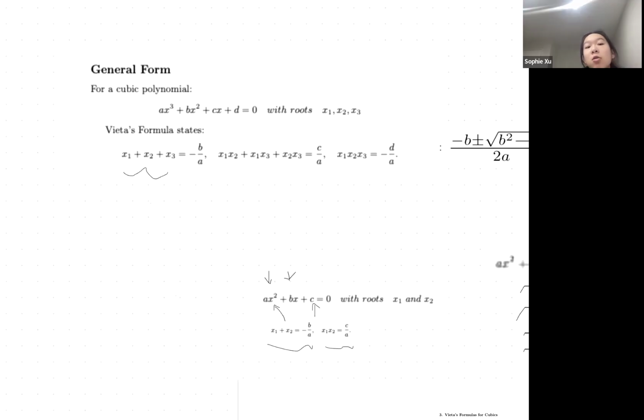It's x1 x2, x1 x3, and x2 x3, which is equal to c over a. And this is positive. And the product of the 3 roots is negative d over a. So you might notice a few patterns. So it goes negative, then positive, then negative again, right?